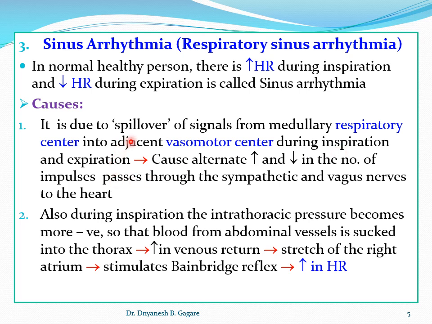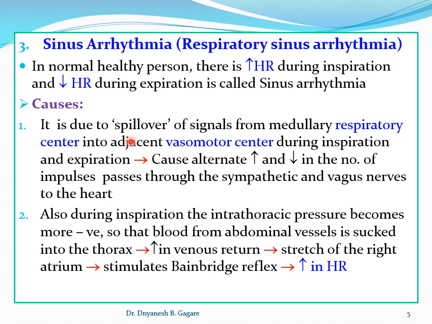That means when the respiratory center produces the impulse during inspiration, that also spills over, that means it also spreads to the adjacent vasomotor center, because in the medulla the respiratory centers and vasomotor centers are located near to each other.